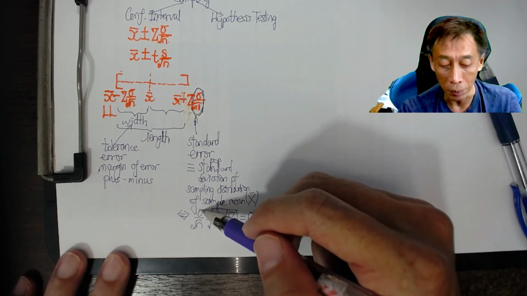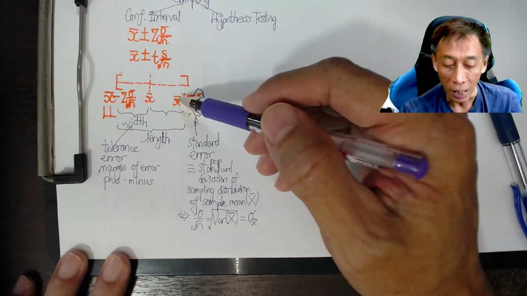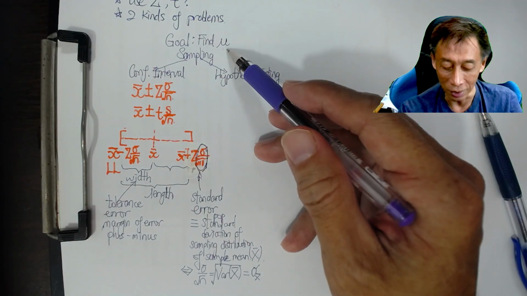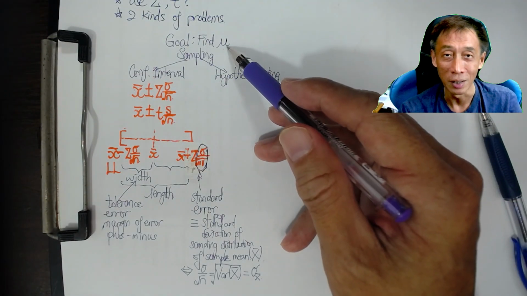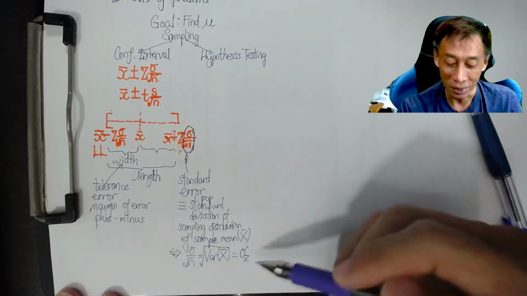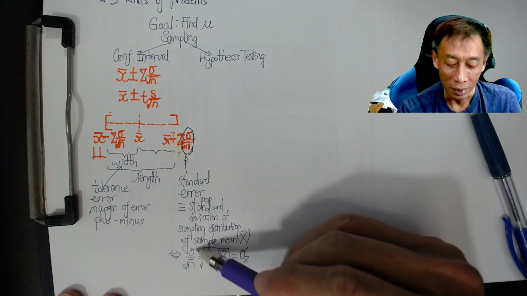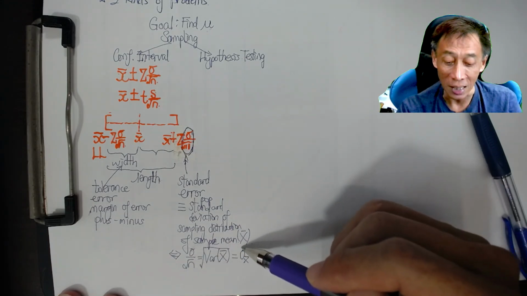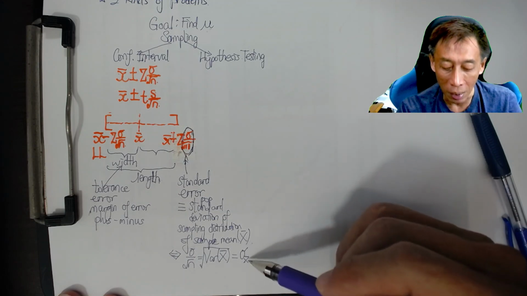Sigma is the population standard deviation of the parent distribution. The very sigma lives in the same world, same histogram as mu itself. But sigma over square root n, this quantity has a name. It is actually the value of sigma X bar.